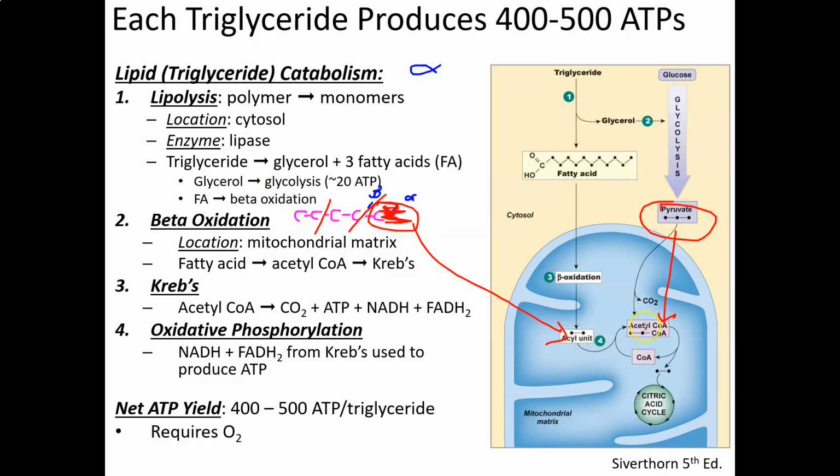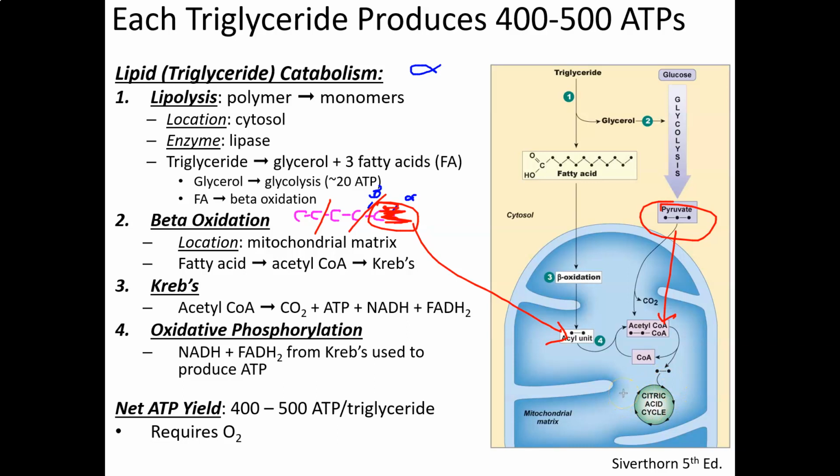Once it becomes acetyl coenzyme A and it goes to Krebs, Krebs is Krebs. It doesn't care whether the acetyl coenzyme A came from pyruvate or from triglyceride through beta oxidation. All it knows is, okay, I got an acetyl coenzyme A, I'll go through it. So that would give me that 1 acetyl coenzyme A in 1 turn of the Krebs cycle would be the same yield we had before.